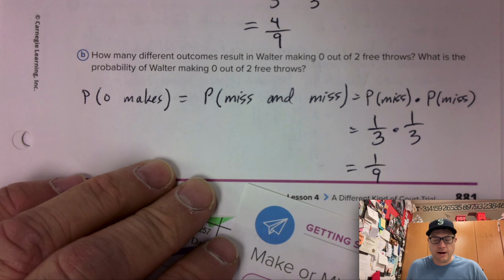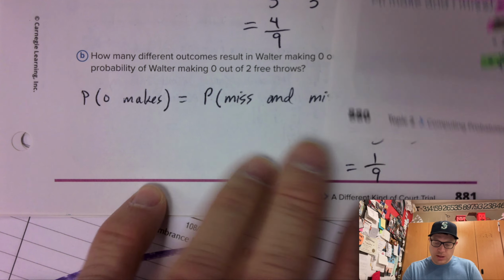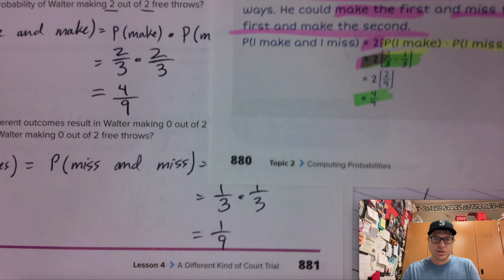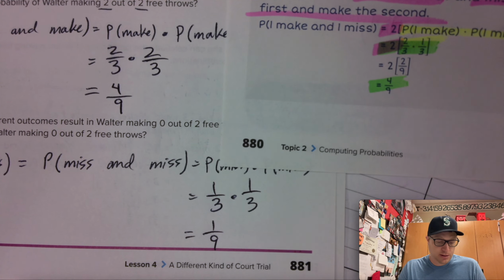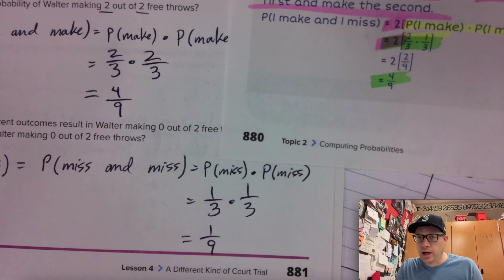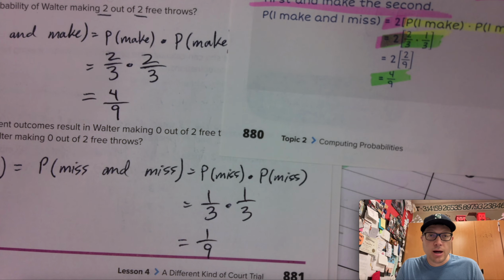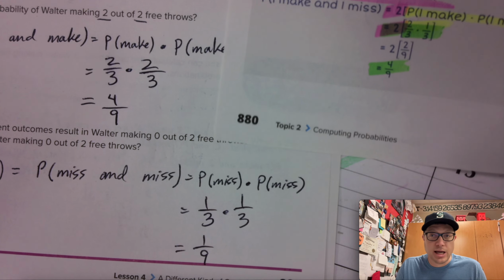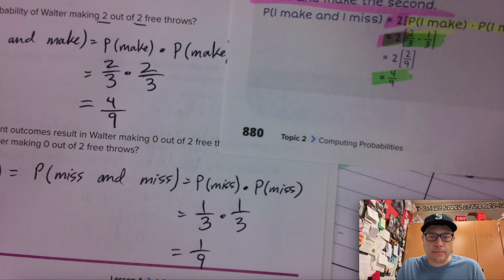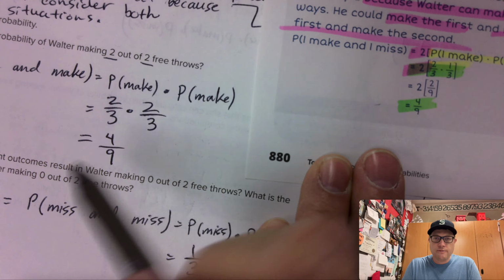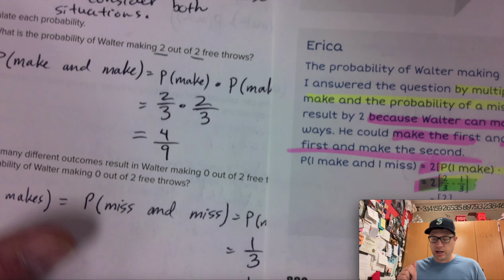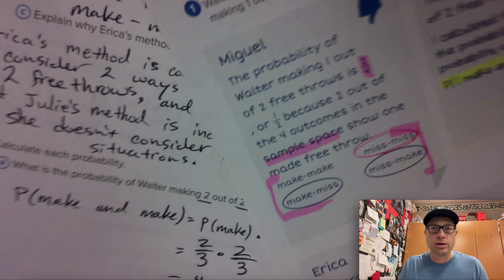The final question that I have for you is, what happens if you take, let's get all these fractions on the screen, 4/9 from make, 4/9 from make-miss, and 1/9. What happens when you add up all 3 of those fractions? What is 4/9 plus 4/9 plus 1/9?